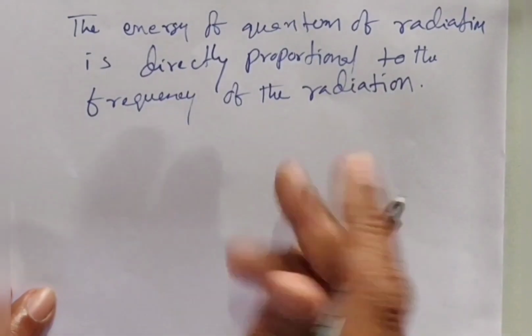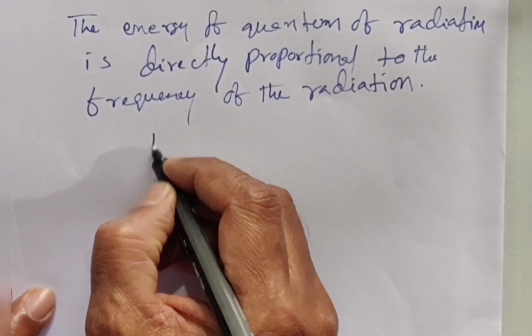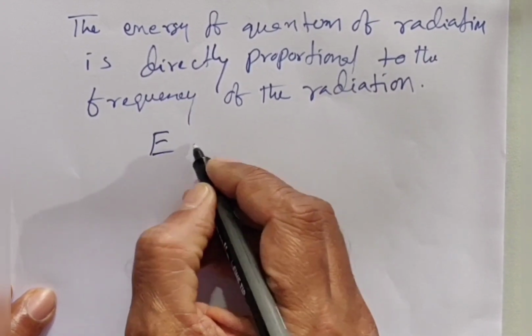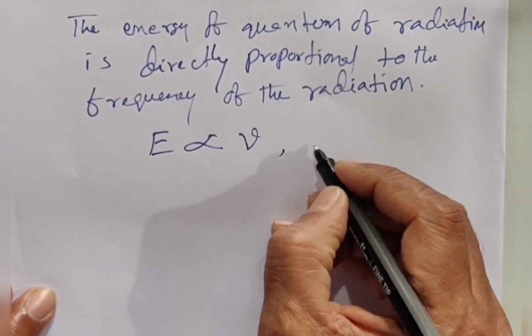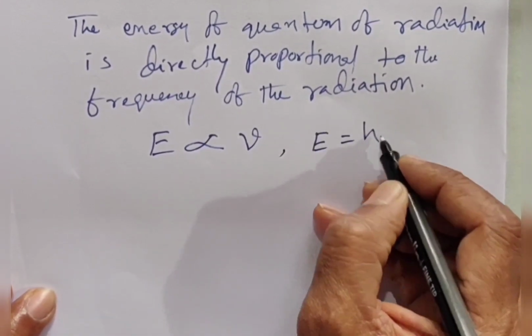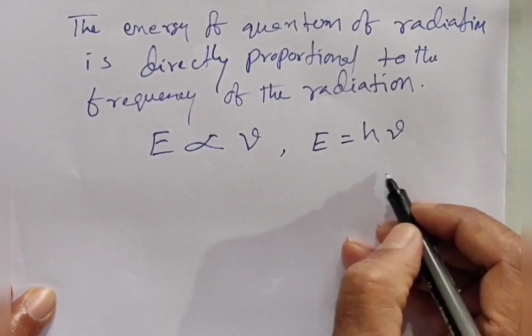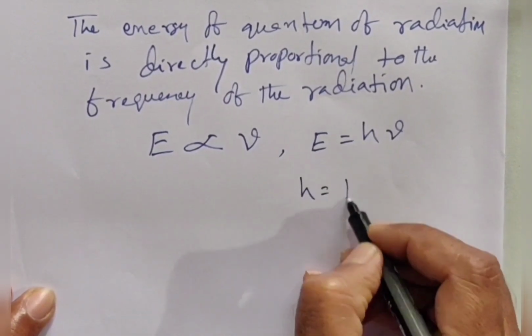By using this statement, E is directly proportional to nu. Then E is equal to h nu. Here h is Planck's constant.